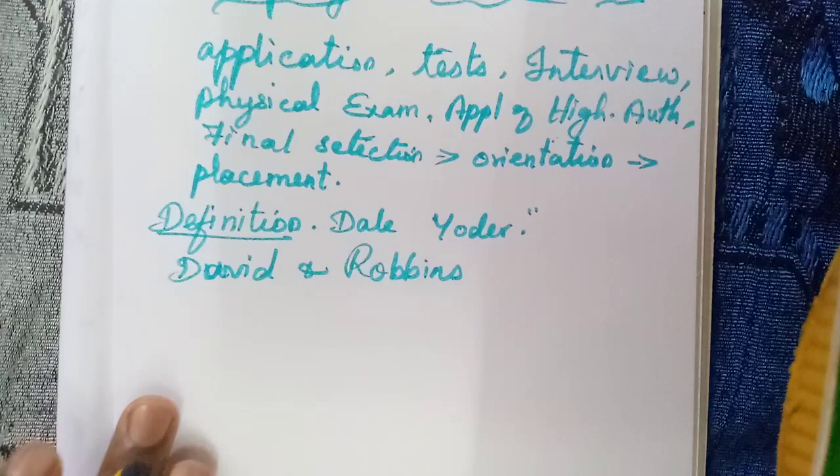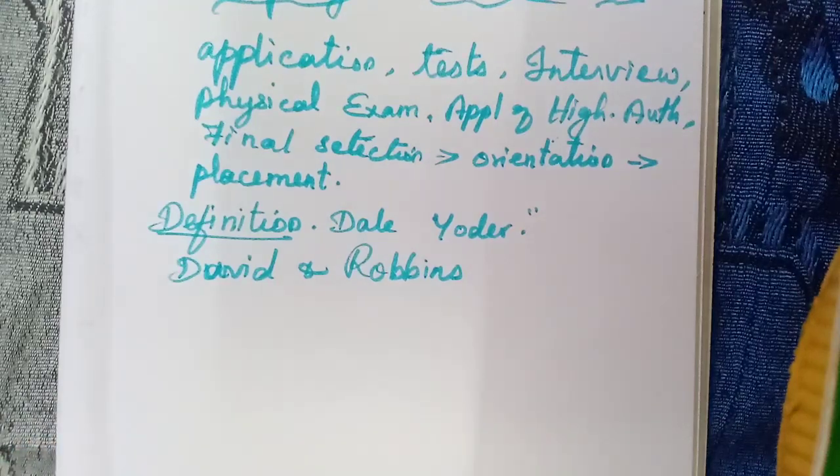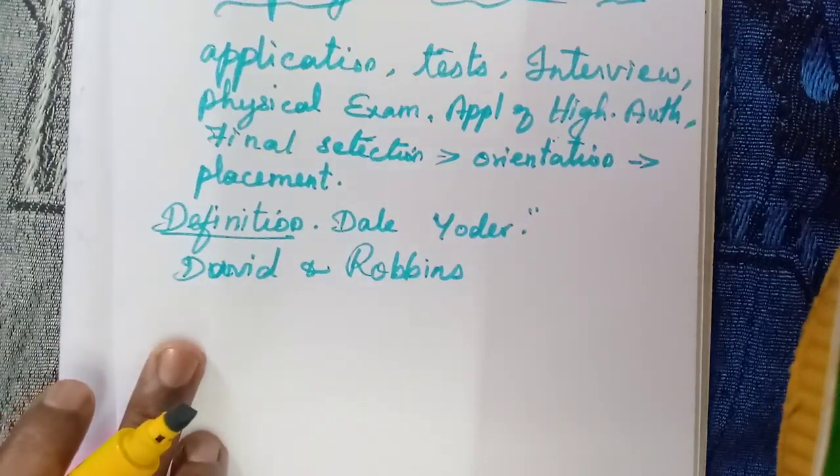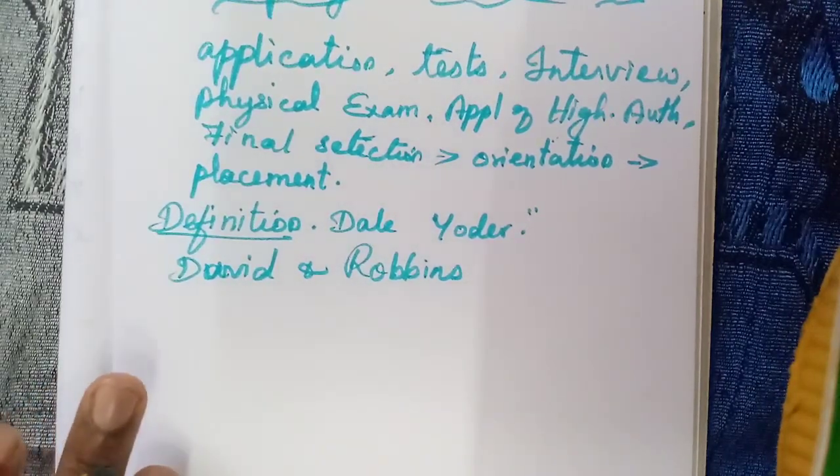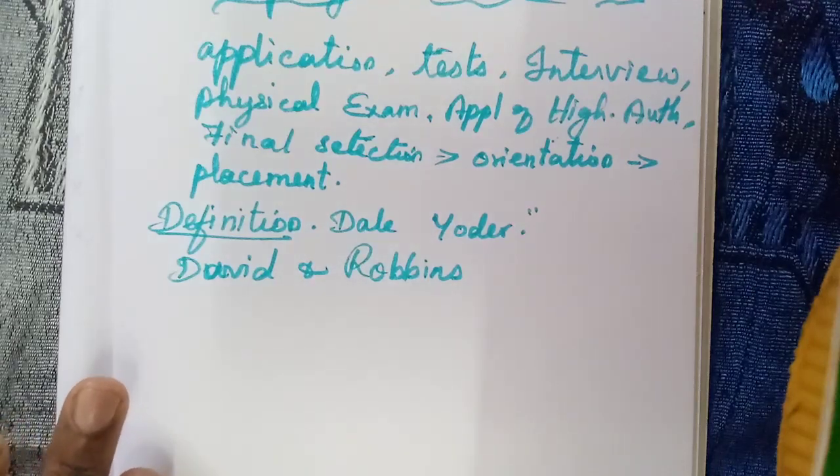That means if we appoint a particular person, who will be successful, they have to predict. That is called selection.